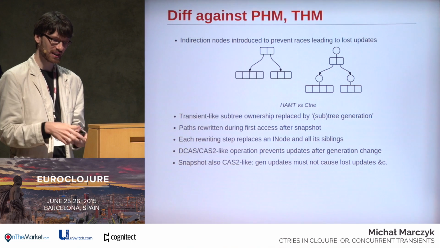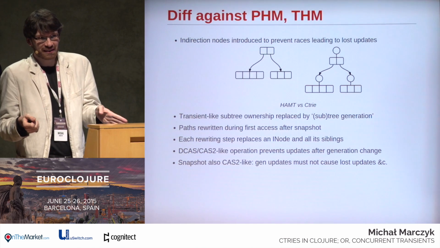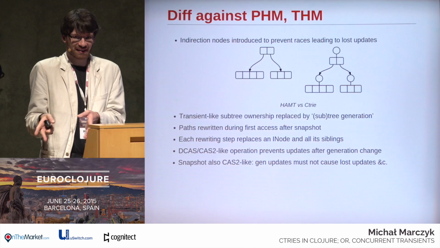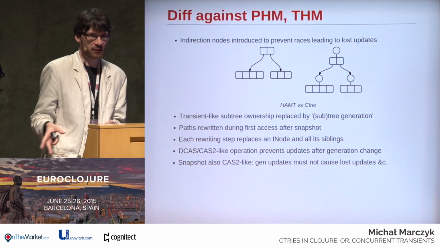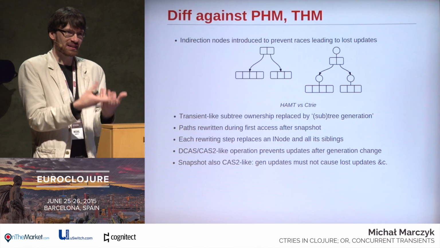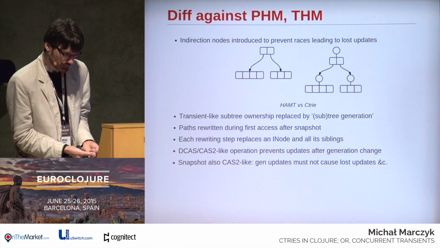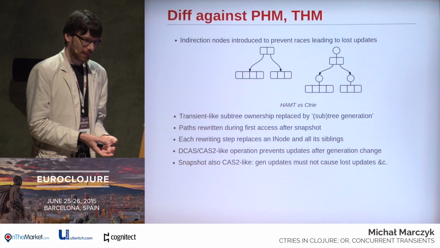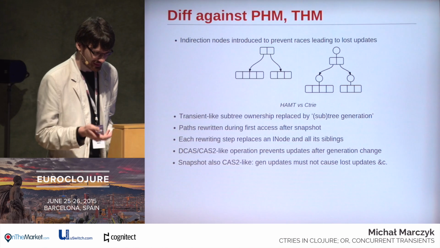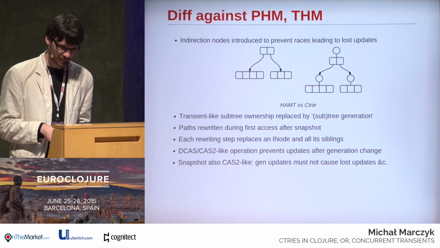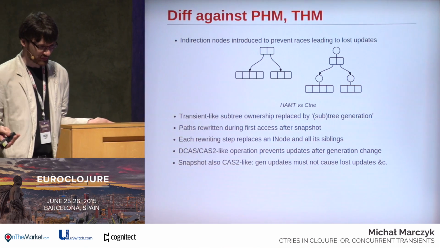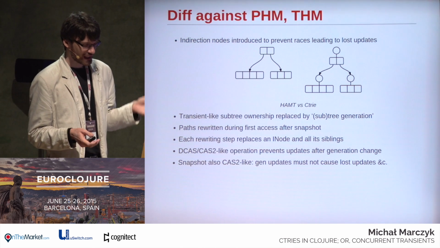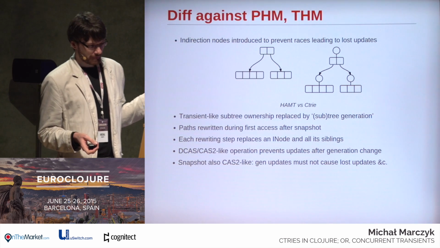And those might point to different children of their own at different times, but they do not themselves need to change during regular update operations. Okay, so in this way, races are prevented.